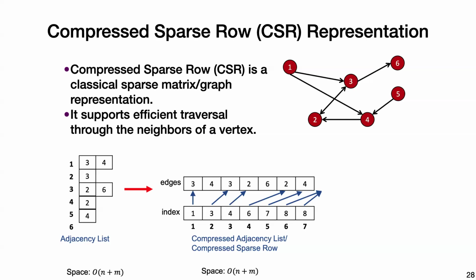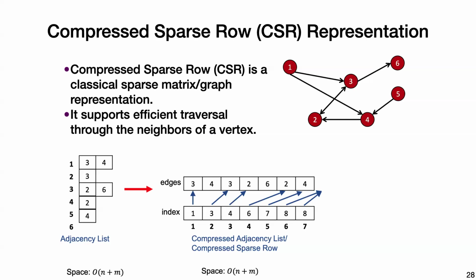So the way to get the neighbors of some vertex is similar. In the adjacency list, first you would go to entry 3, and if you wanted to look at all of its neighbors, you would just look through the corresponding list. In CSR, if you want the neighbors of vertex 3, you look at the entry at 3, which is 4, and you go to position 4, and you look through until the start of position 5.